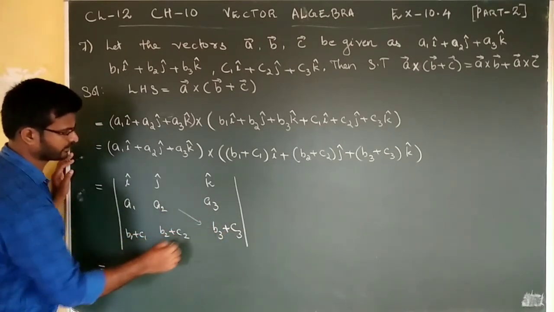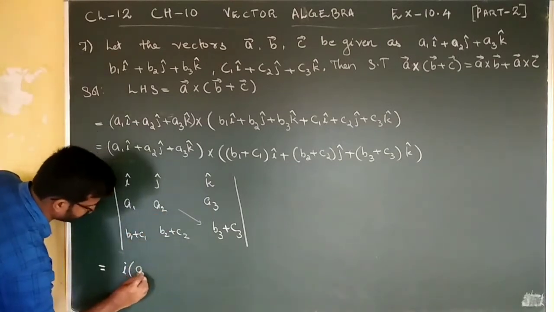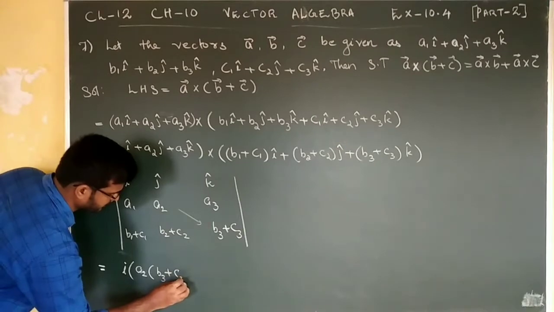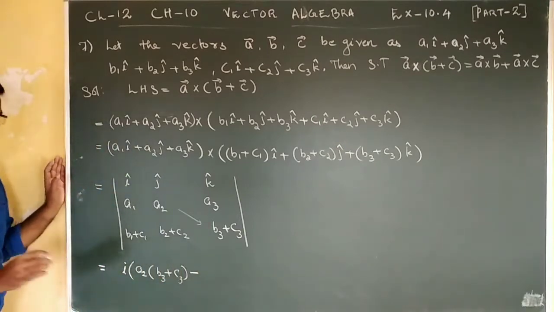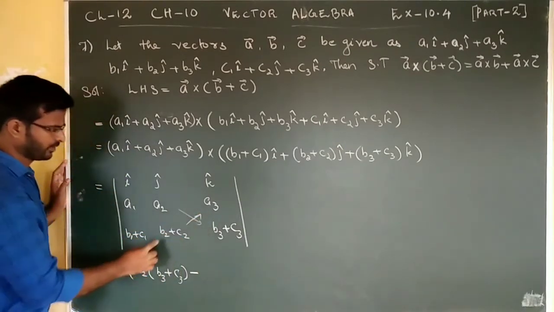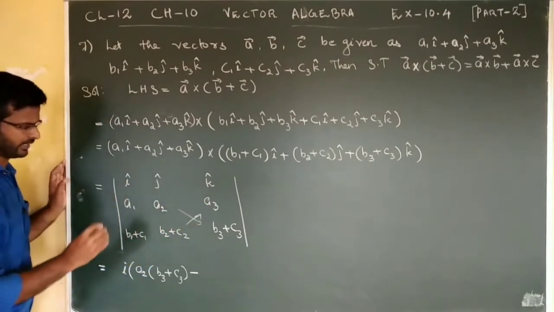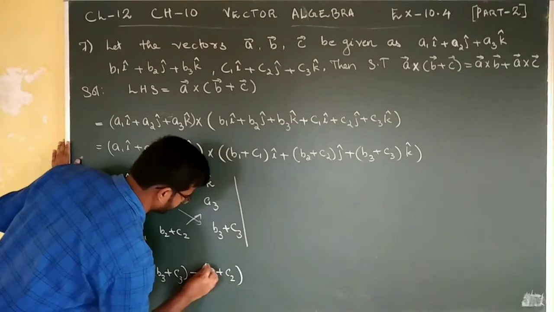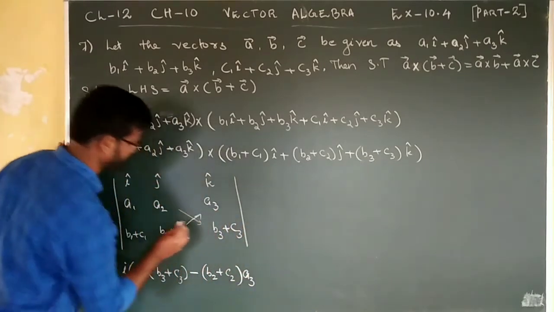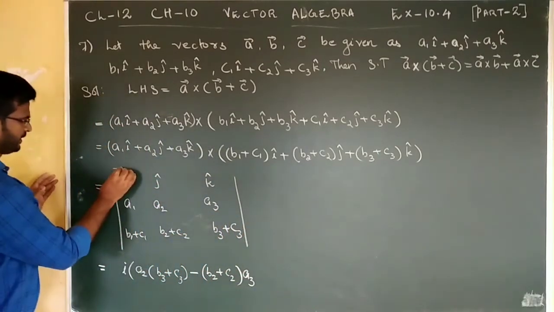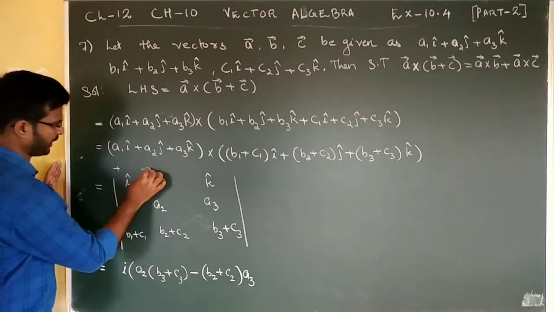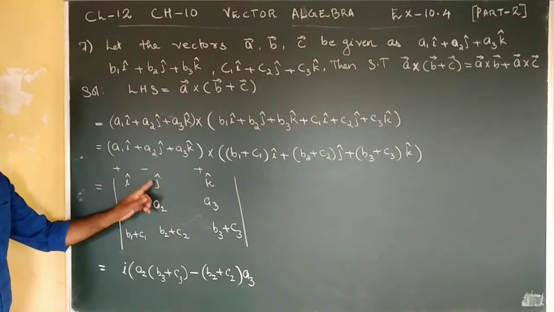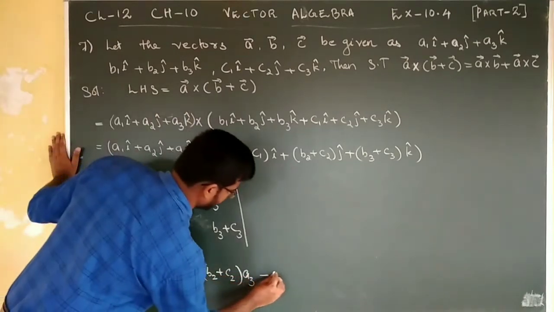Take cross product: A2 into B3 plus C3, then commonly we will write 1 minus this 2, multiple B2 plus C2 into A3. Starting from plus, then minus, again plus. Take second term: second term means we will write minus J vector.